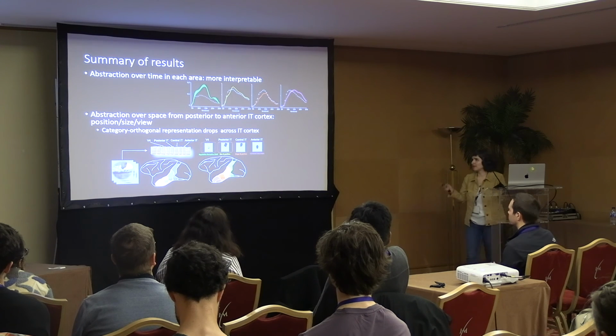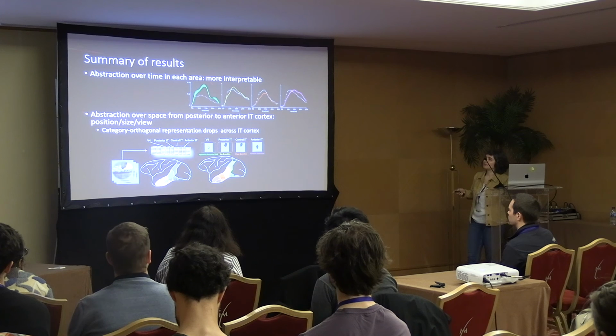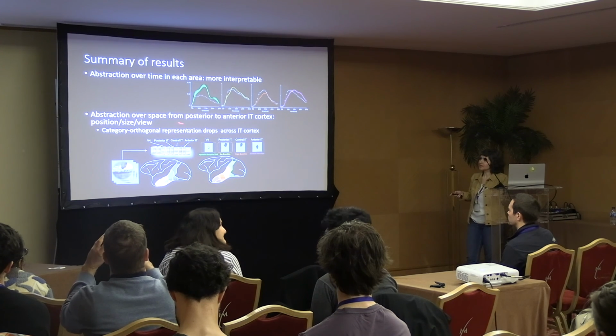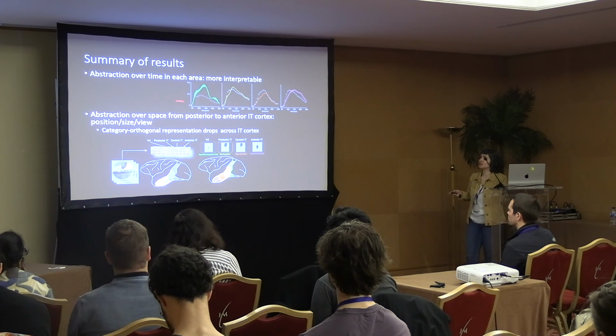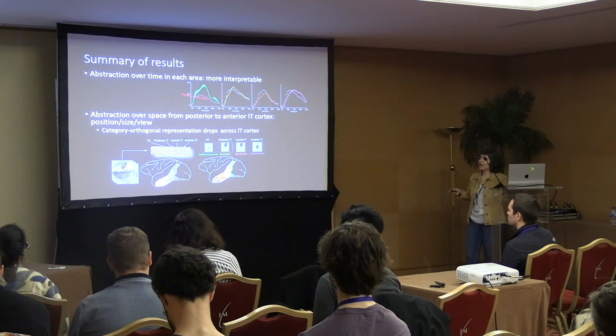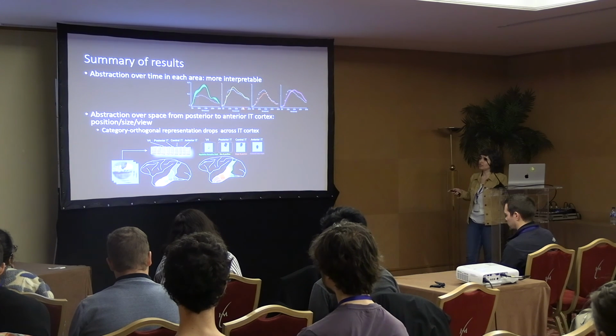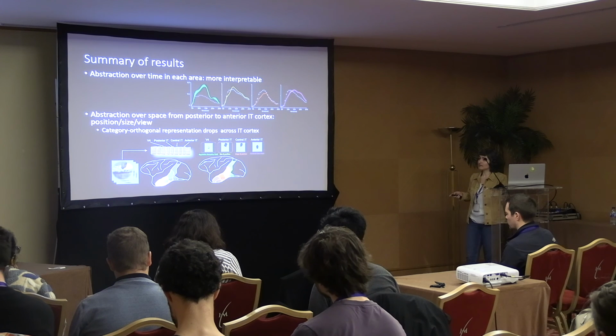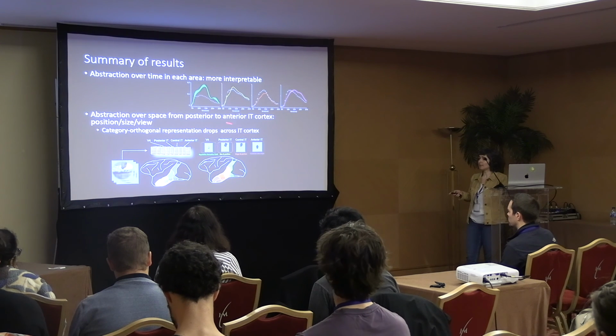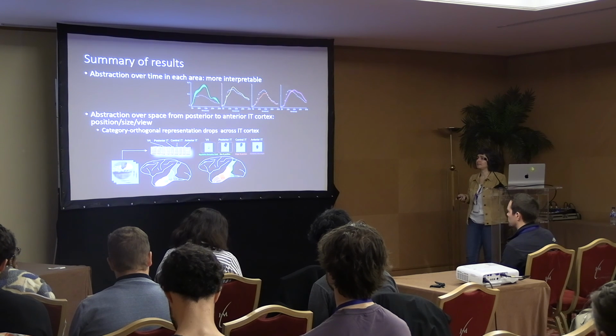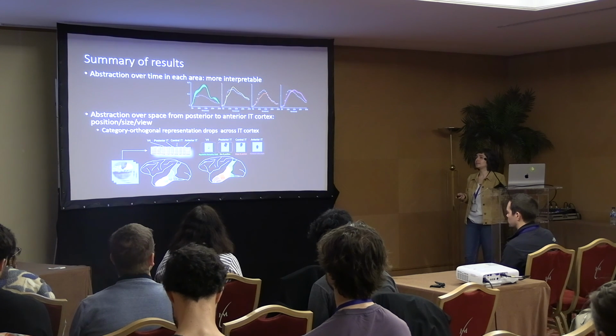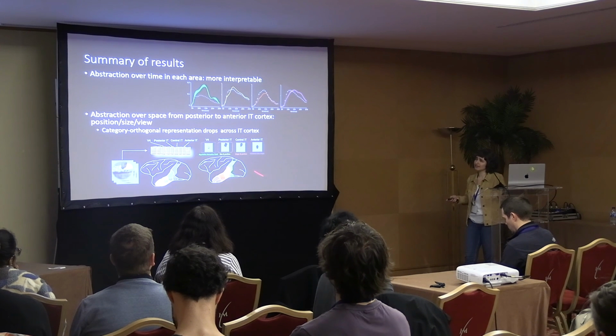So this is the summary of what I wanted to share for today. Using this method, we gain insight into the abstraction over time in each of these brain regions, and also abstraction over space for the whole object processing, compared to the standard approach for the brain.